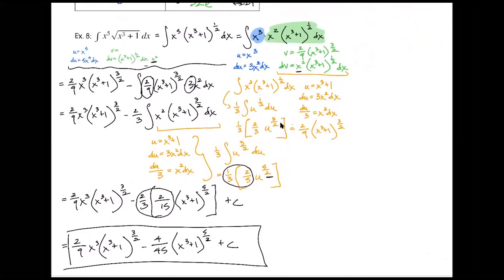All right. So we've got one last problem to take a look at, okay? If you think back to our beginning, we talked about LIATE or LIPET. And so we've seen cases where we had the log. That has to be our u. If you see a log and you're doing integration by parts, logs have to be the u.